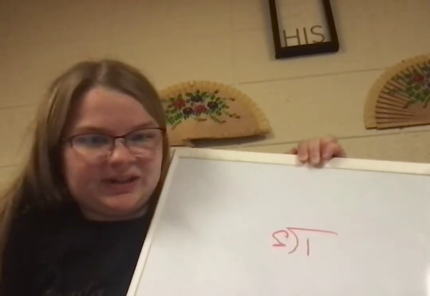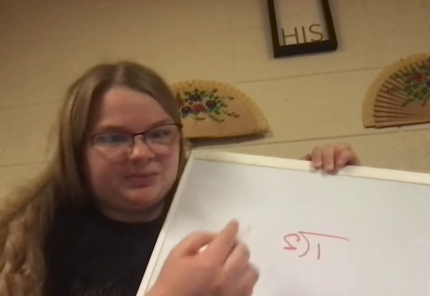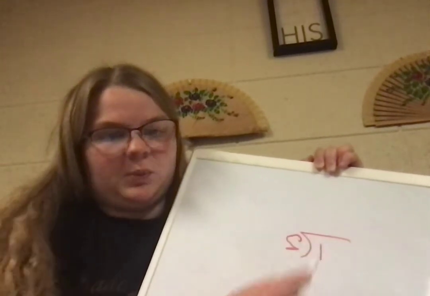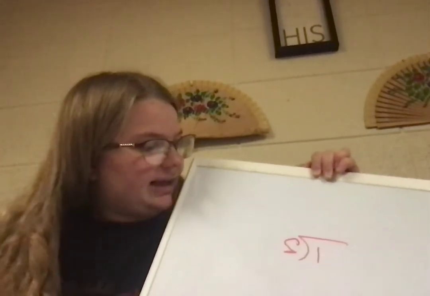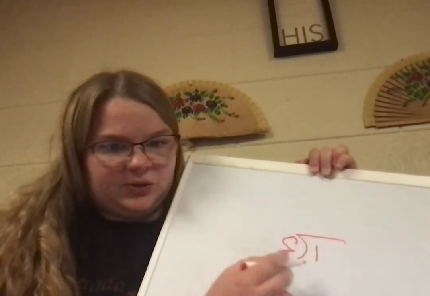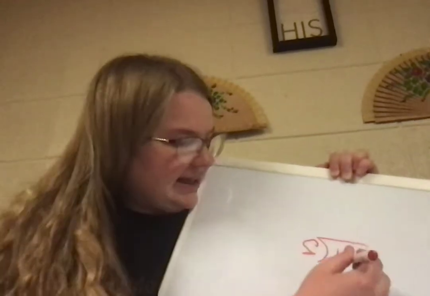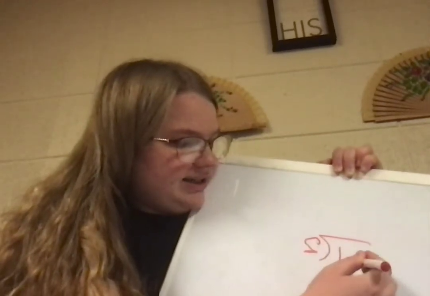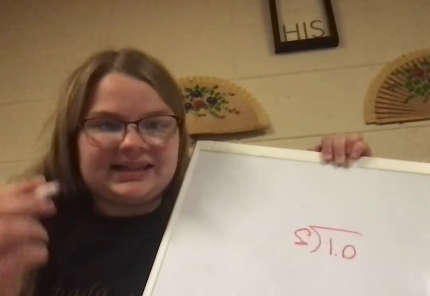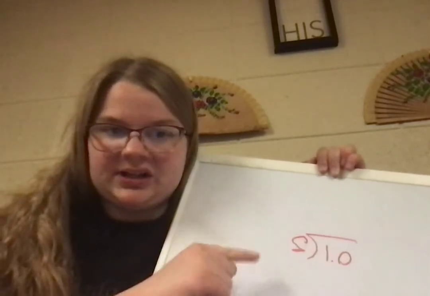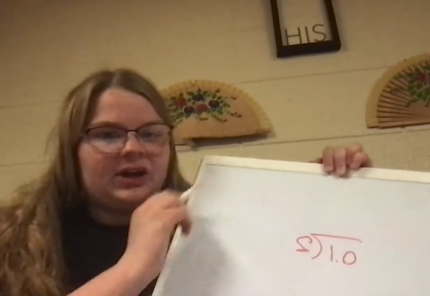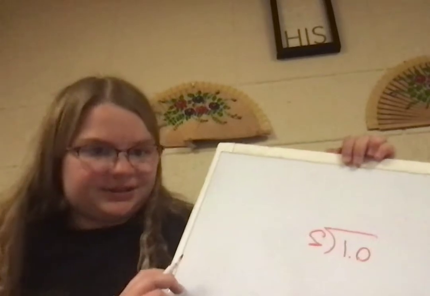He's not the best looking 2 in the world, but I think you guys get the picture. 2 divided by 1. Okay, so we can't directly divide a 1 by 2, can we? No, we need to add a little something to it. 0.0. Now you guys need to be really listening because this is going to look a little backwards to you, but it's kind of hard for me to write the other direction here.